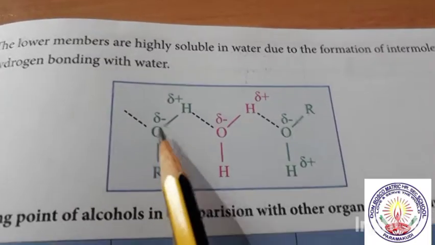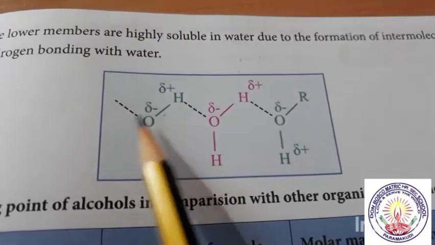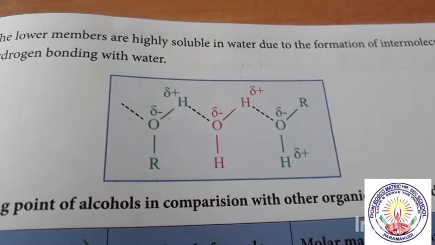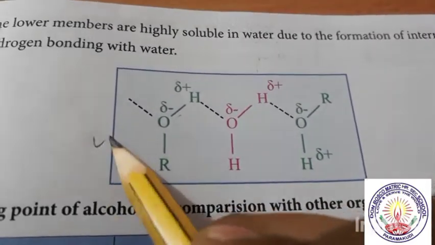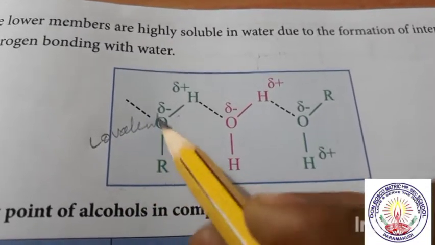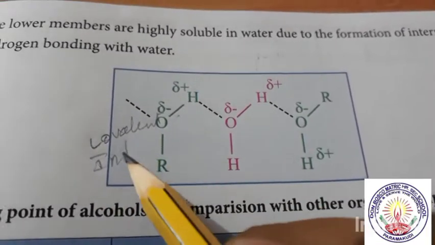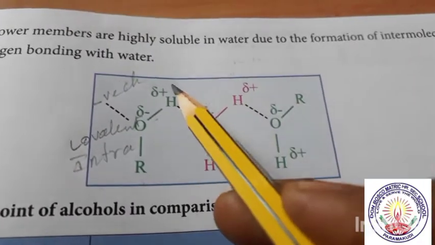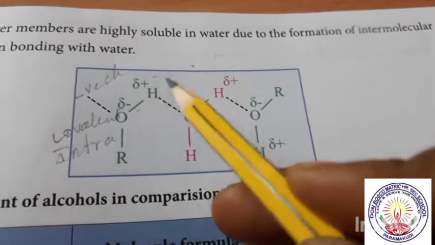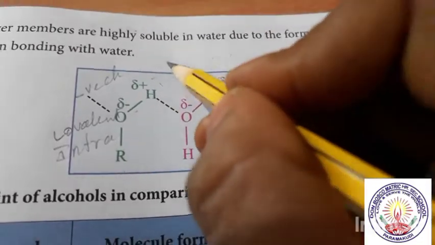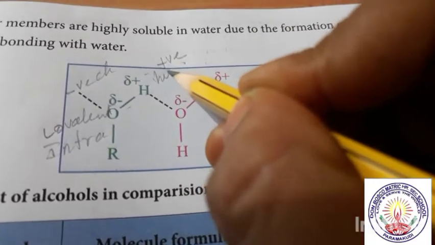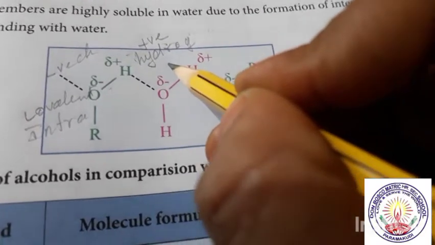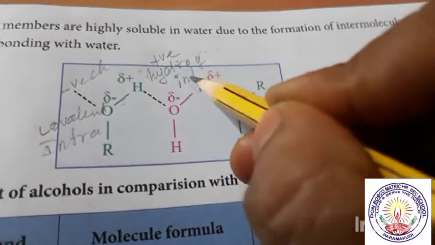This is the negative charge, and here the bond is a covalent bond, intramolecular. This is covalent. This is negative charge, whereas this is positive charge, and this is a hydrogen bond, which is intermolecular.